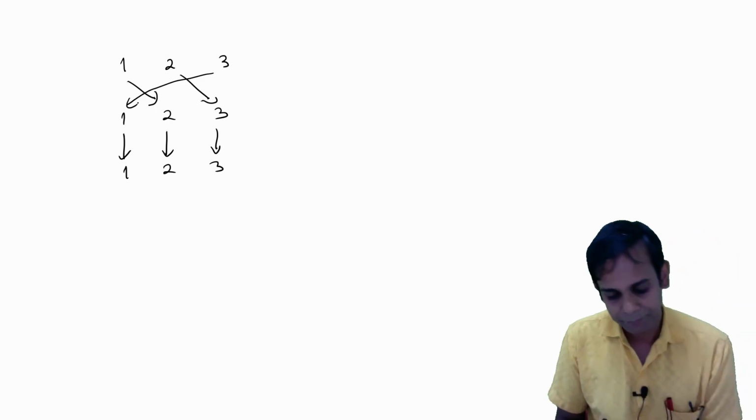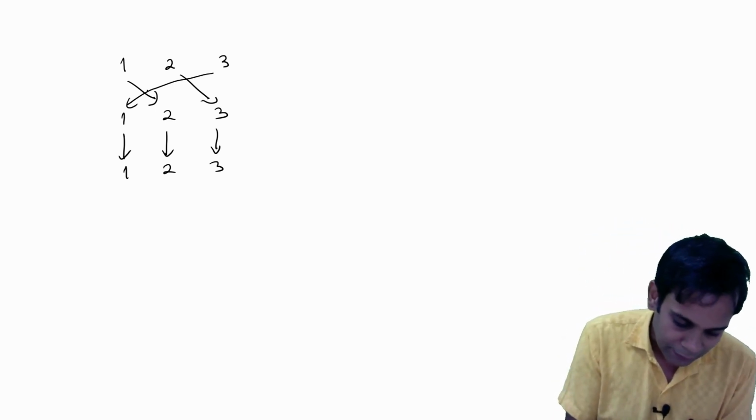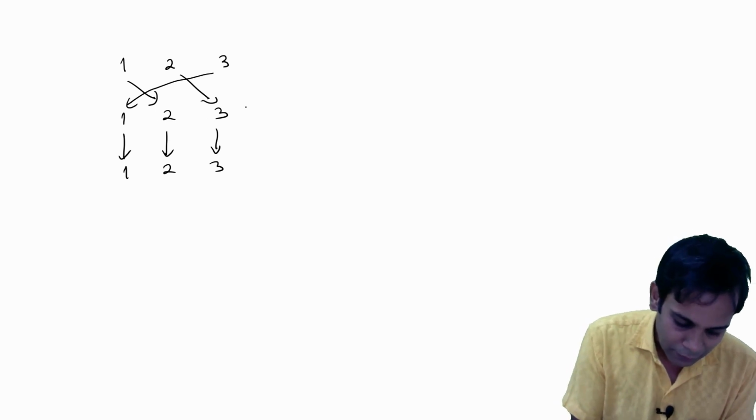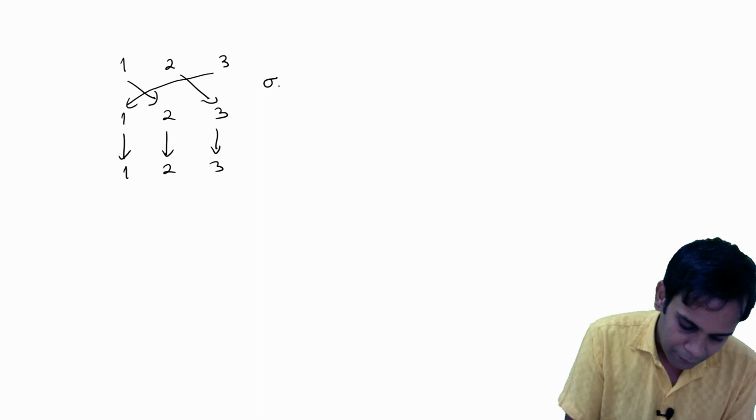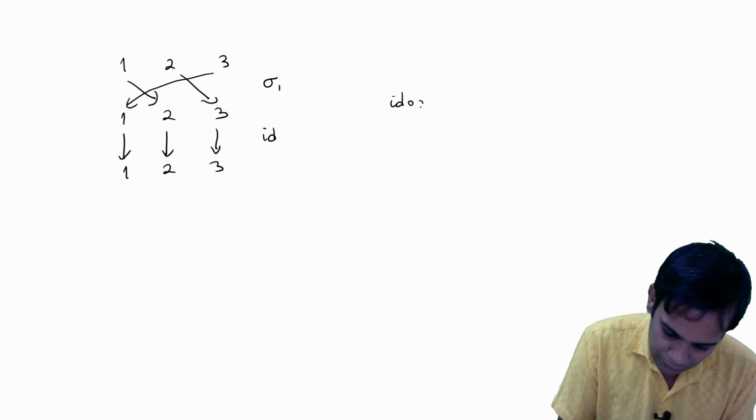for example, my favorite permutation sigma 1. Now if I compose it with the identity, the second time when I'm following through the arrows, it's as if nothing happened, right? So sigma 1 composed with the identity is sigma 1.